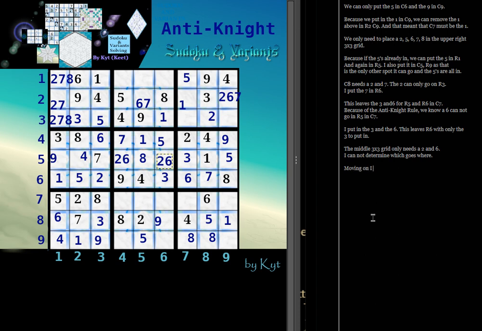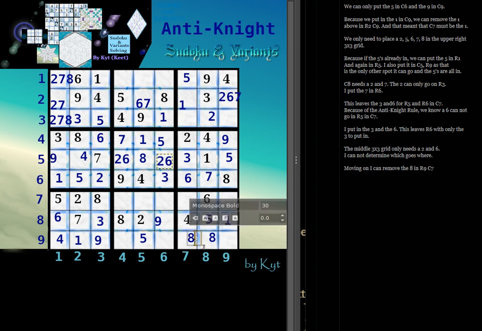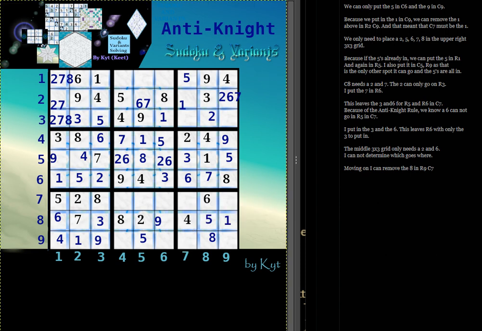Moving on, I can remove the 8 in row 9, column 7. Okay, column 7 needs a 7 through 9.